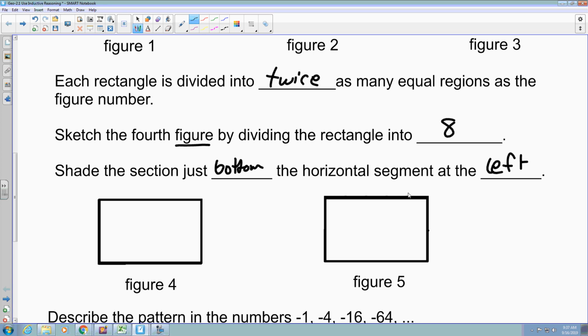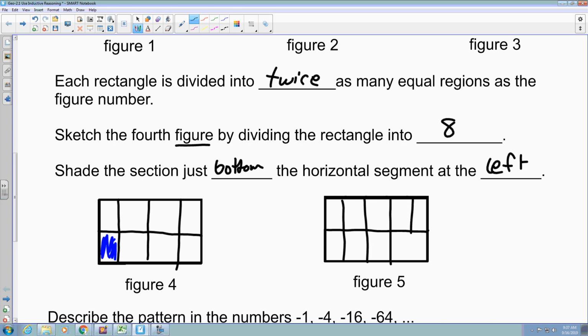So if you're going to make them into 8 parts, there's one that goes right down the middle, and then we got 1, 2, 3. So now I got 8, and then make it blue. The blue goes here. And then figure 5 will go here, and now we'll have 4. So then I got 1, 2, 3, 4, which makes 10. 1, 2, 3, 4, 5, 6, 7, 8, 9, 10. And then again, the shading is to the left.